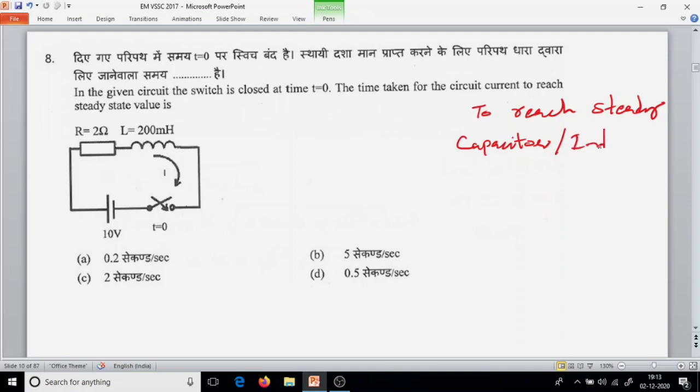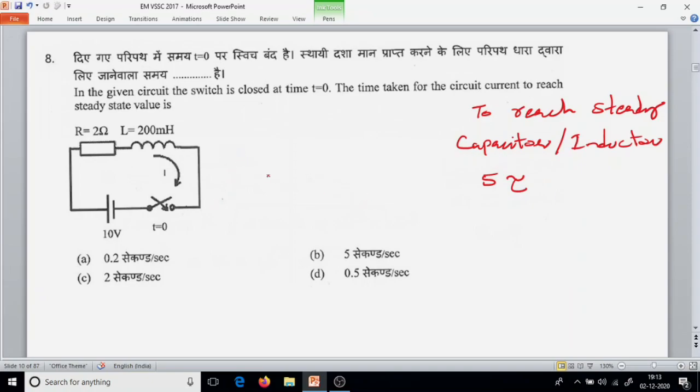Inductor. We need the time constant, that is tau. Time constant is required for the circuit, either RC circuit or RL circuit, to reach steady state.